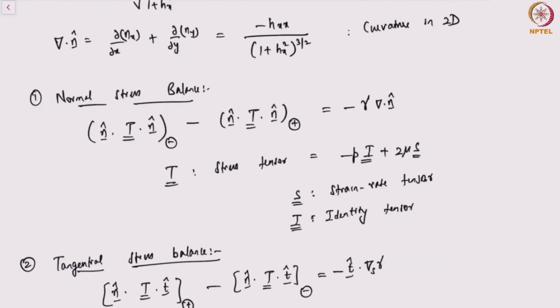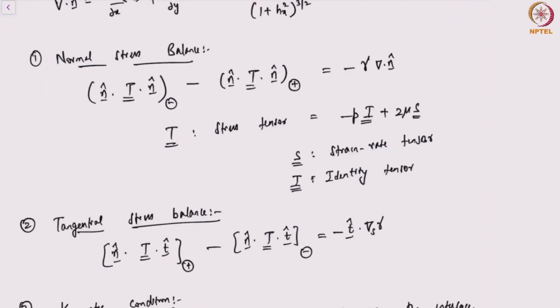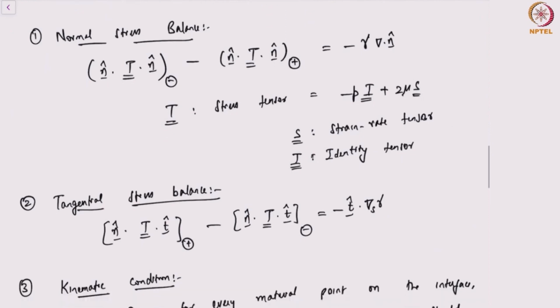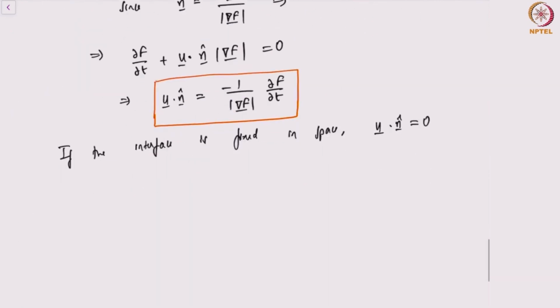Let's return to these conditions. Now let's start with the normal stress balance condition. Right. So the normal stress balance condition, what do we have to do? We've already derived the general form of this equation. Let's write down this equation for a free surface. Okay.